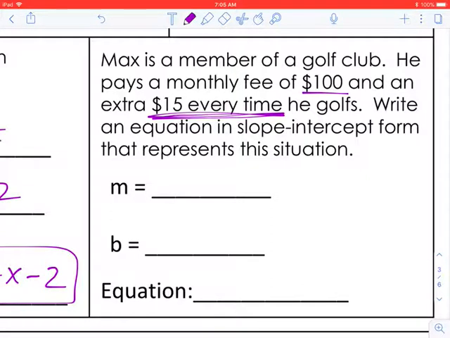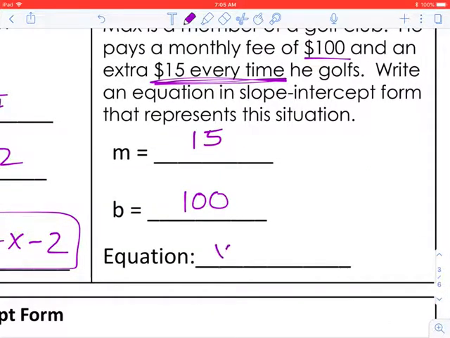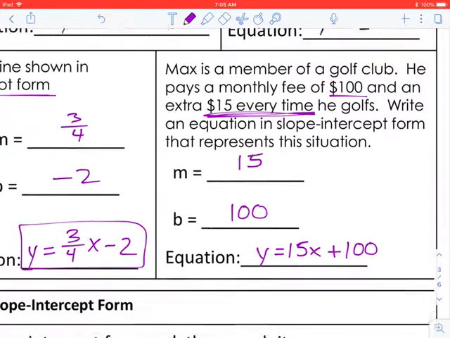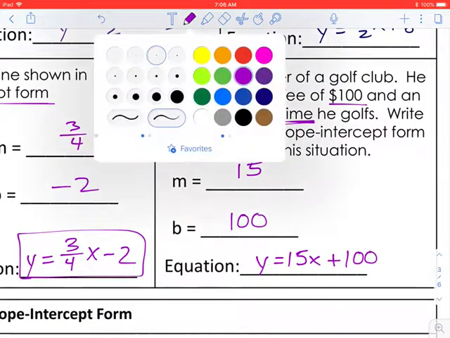So for 1 month, I'm only paying $100 one time, but then I'm paying $15 every time I golf. So in this case, 15 is going to be my slope, and 100 is going to be my y-intercept. So y equals 15x, where x is how many times I'm golfing, plus 100. And there we are.